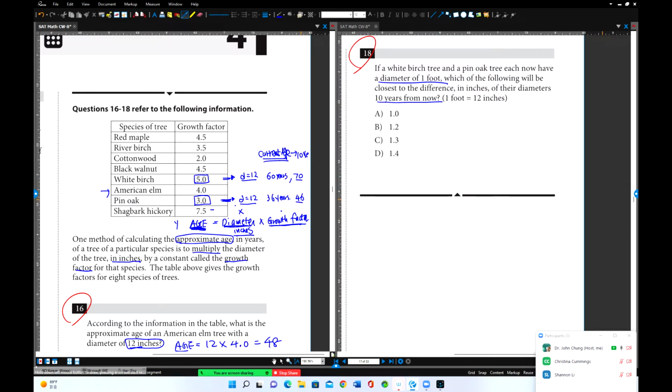There must be an increase in diameter. That's right. I'm going to write it down first.